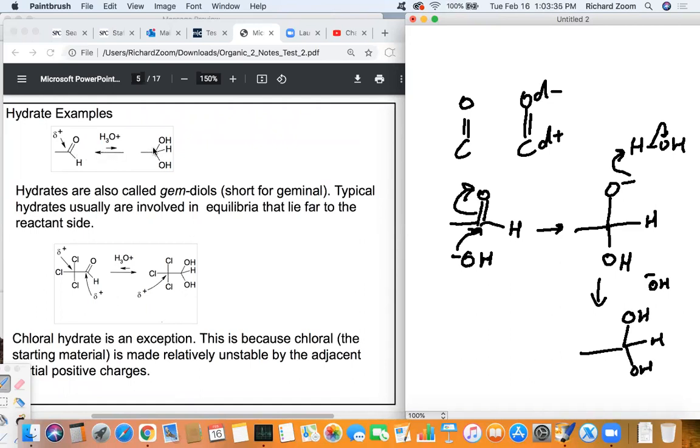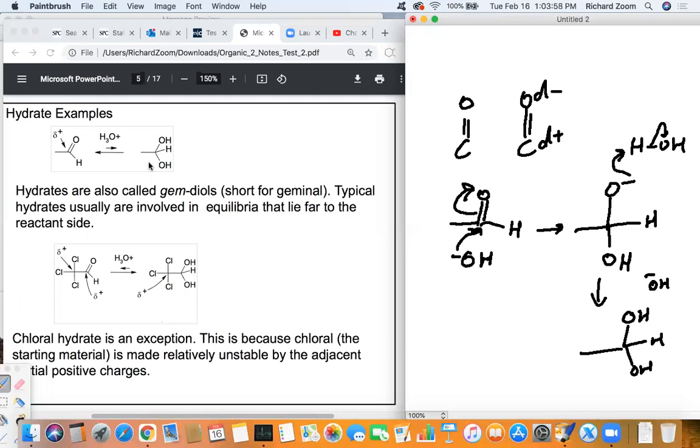We only have a very short arrow here going towards the product. So in this kind of situation, you might have 99% of what's going on in the reaction being reactant and only 1% being the product, because that's where the equilibrium lies.